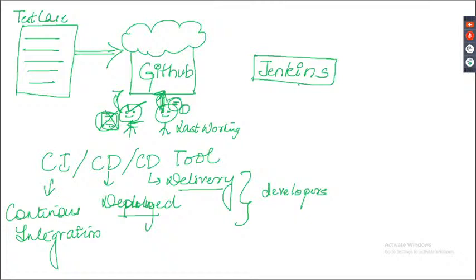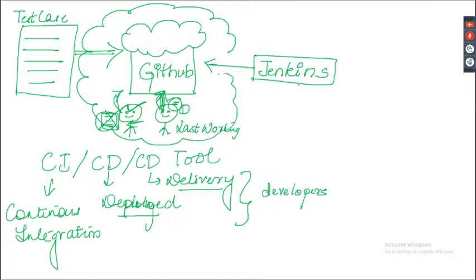Now, every day we are following the agile process, and addition, deletion, modification keeps happening on a daily basis. They've integrated with Jenkins. Jenkins is a continuous integration tool. Jenkins will continuously monitor the GitHub repository.